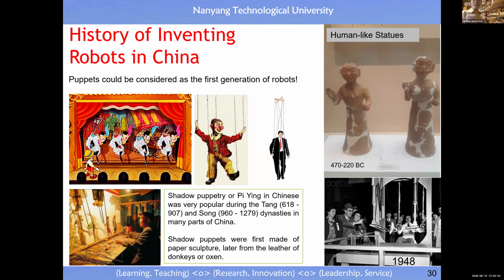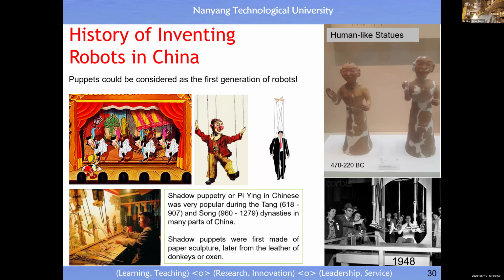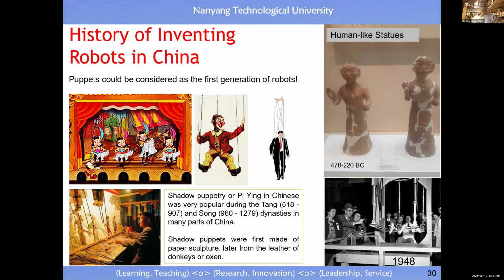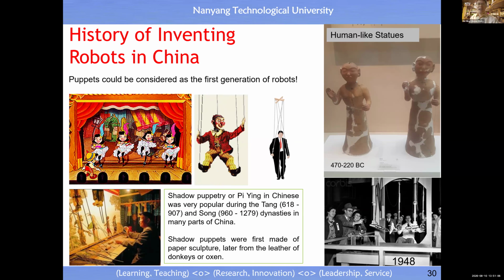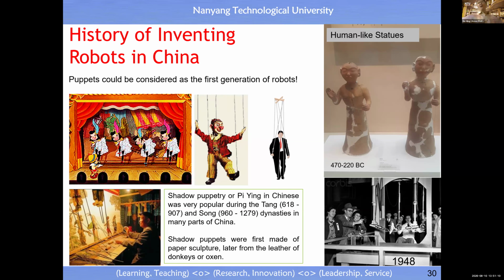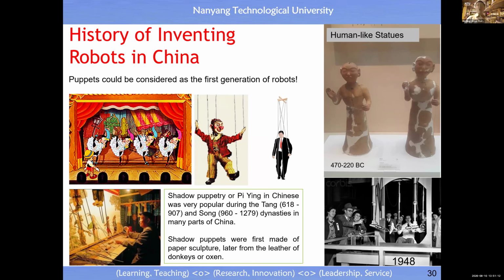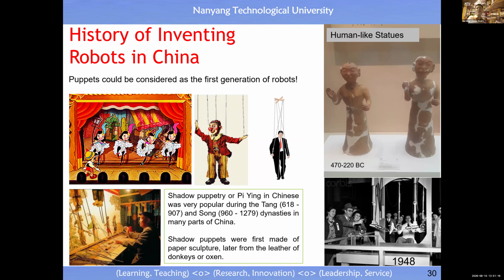In this case, we can push back the history of robotics to around the year 1000 or 900 or 800. That means the history of robotics is much, much longer than what has been shown inside the video. It's just for you to know.